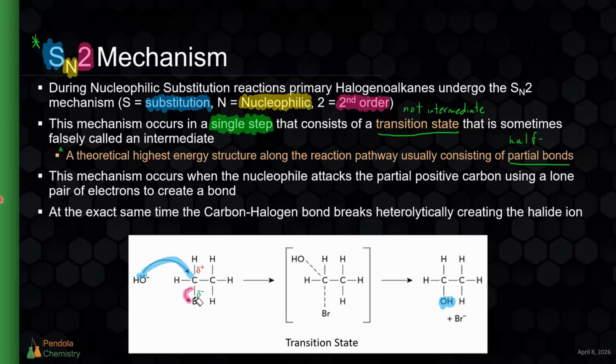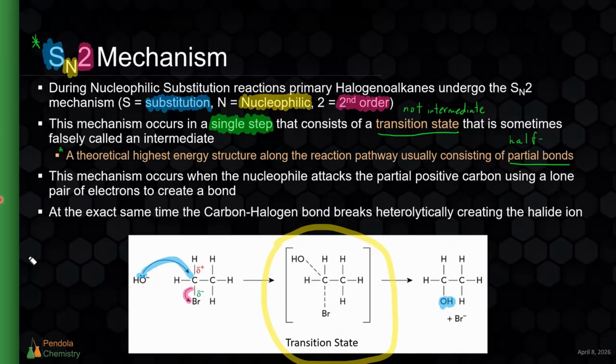It'll be broken heterolytically so that both the electrons in the carbon-halogen bond that is breaking go to the bromine. So that's where this transition state happens. This transition state is not actually a step. It is us visualizing what is going on.